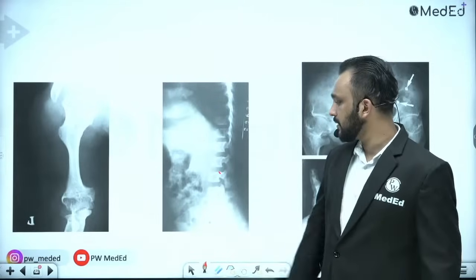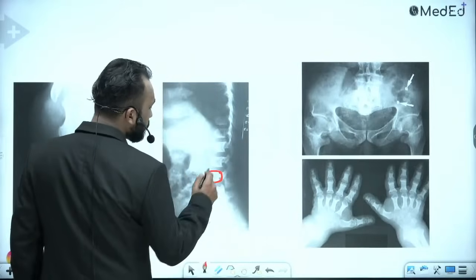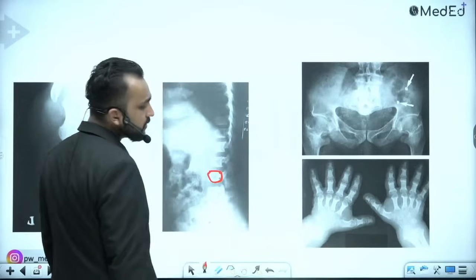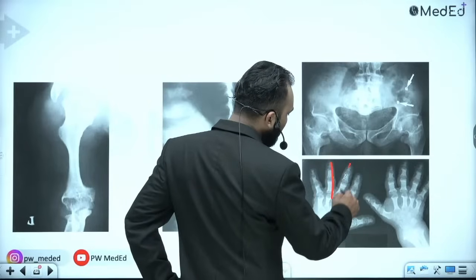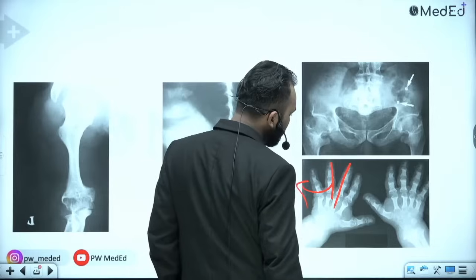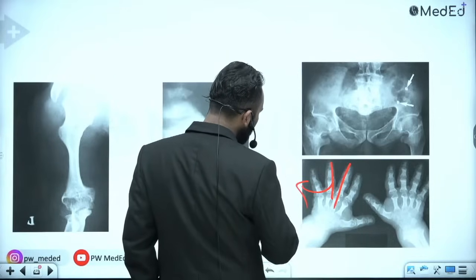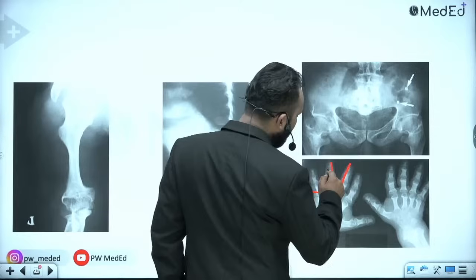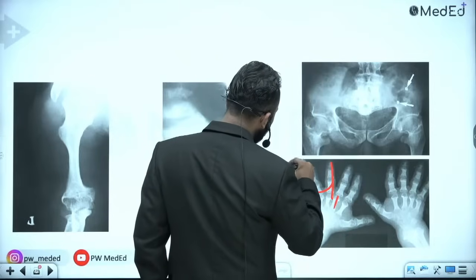In the second image, we can see that there are bullet nose shaped vertebra. In the third image, we can see that there is a gap between the third and the fourth finger. This is your trident hand appearance.